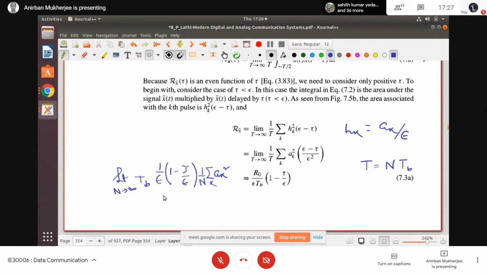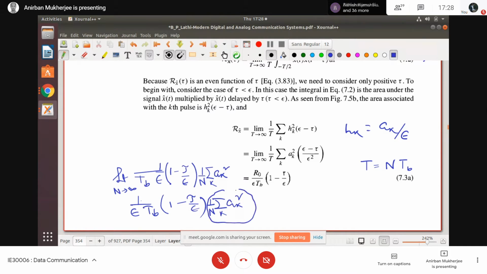Now, with this term, limit n tends to infinity, what am I doing? That is 1 by epsilon Tb, 1 minus tau by epsilon, summation 1 by n ak square.